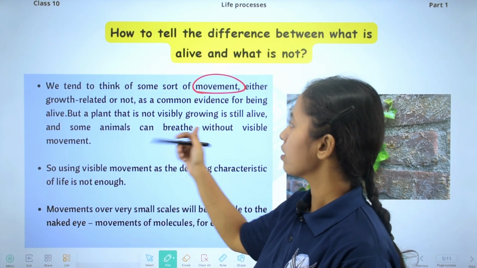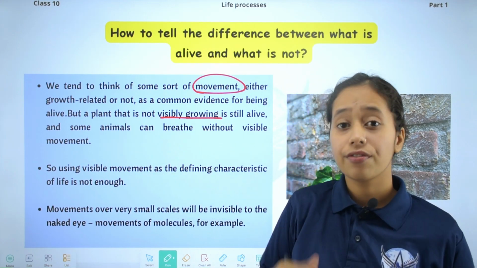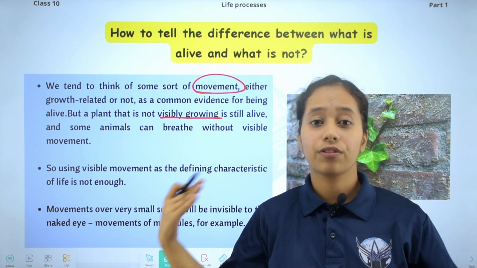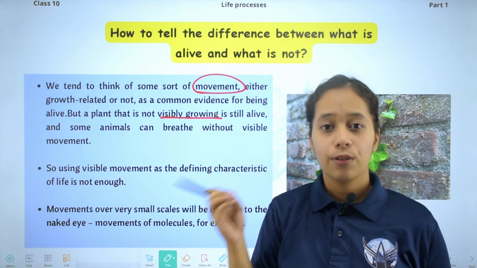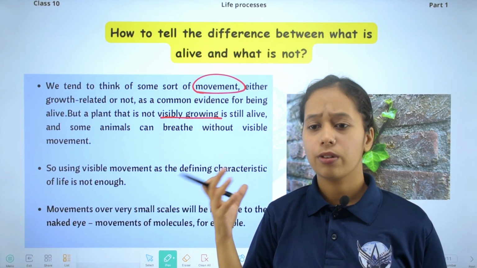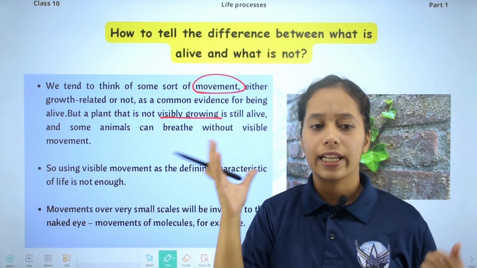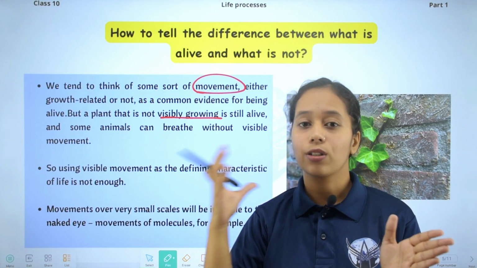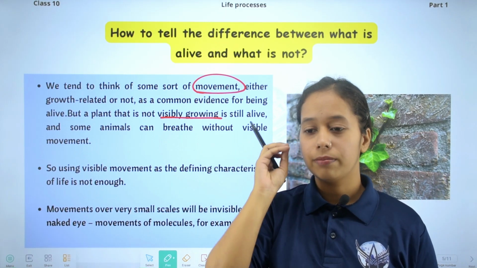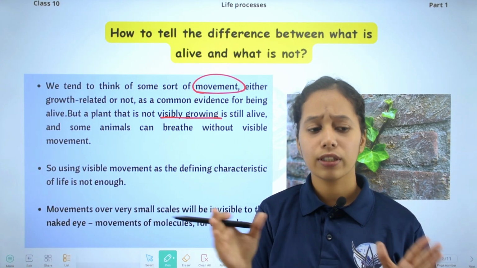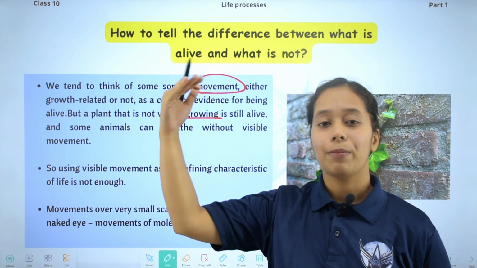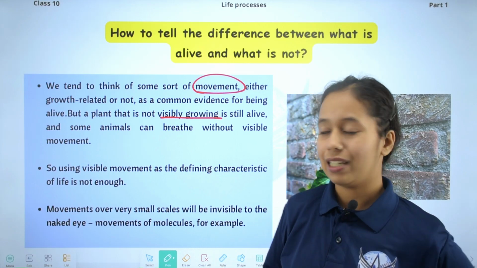But a plant that is not visibly growing, meaning it is growing, but it takes a certain amount of time to notice that growth. We cannot notice that growth if we observe it for 5 or 10 minutes. But if we keep an eye on that plant for 5 to 10 years, then maybe we will see a particular amount of growth and movement in that plant.